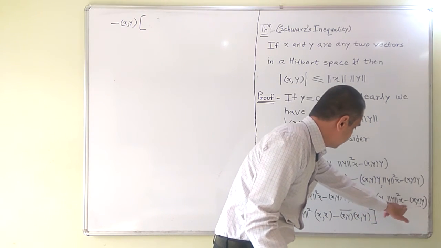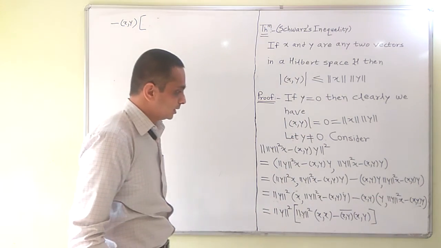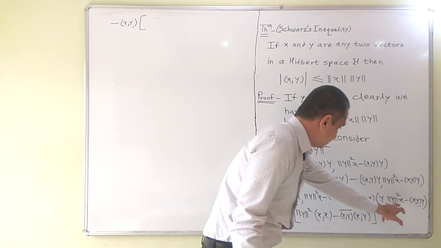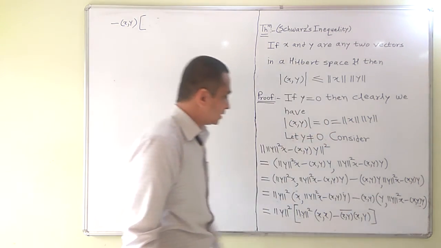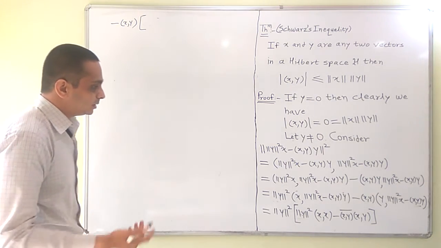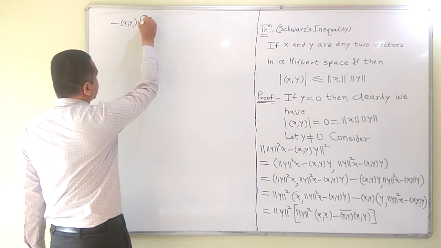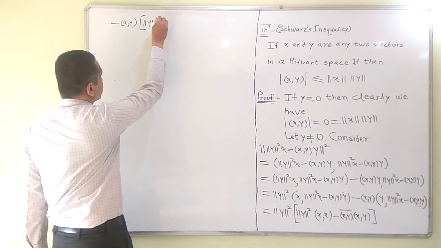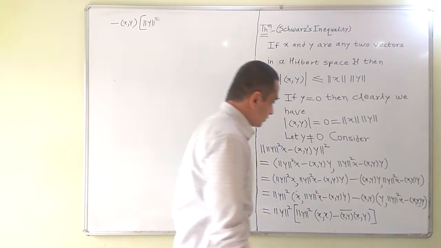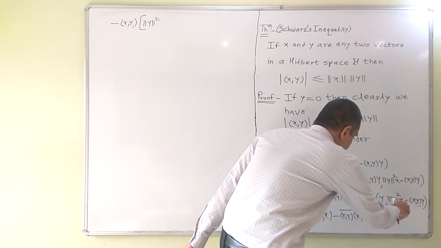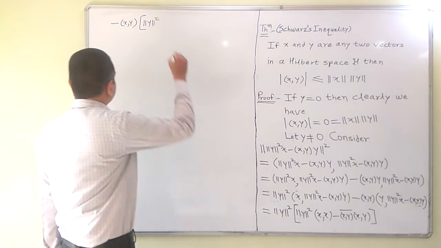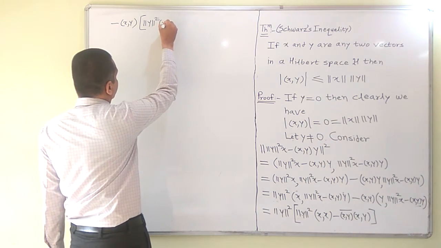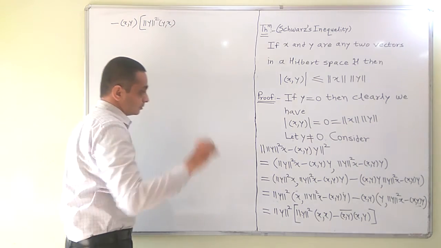Okay, so the first term I did forget to consider. So this first term, the conjugate of norm y square will be norm y square, because it is a non-negative real number. So it is norm y square, then inner product of y and x.